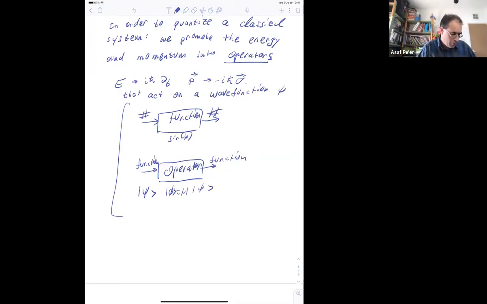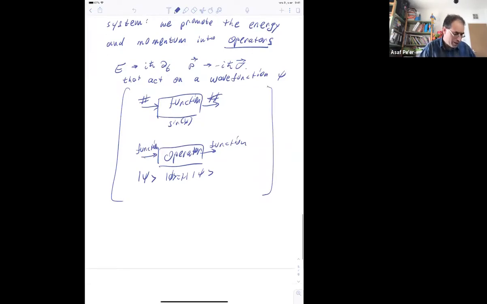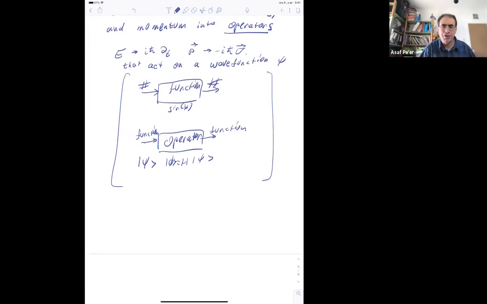One way to derive this, it's not really a derivation, I told you, it's just a quick and dirty interpretation, is to simply start with the classical energy-momentum relation. It says that E is equal to the kinetic energy plus the potential energy.